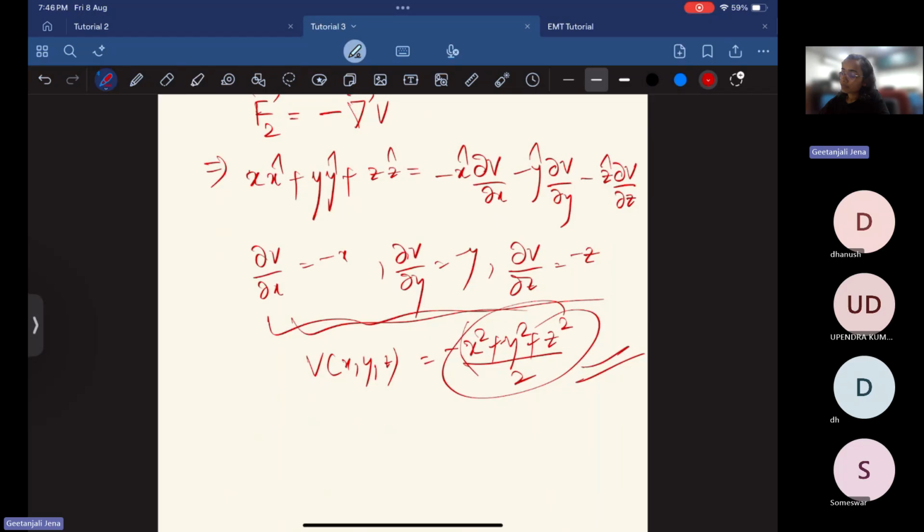Any other doubt? Okay, one of you is unable to write it in the chat box. Someshwar, I think. Can you ask your doubt now? I have unmuted you, so you can ask your doubt. Hello, madam. Hi.